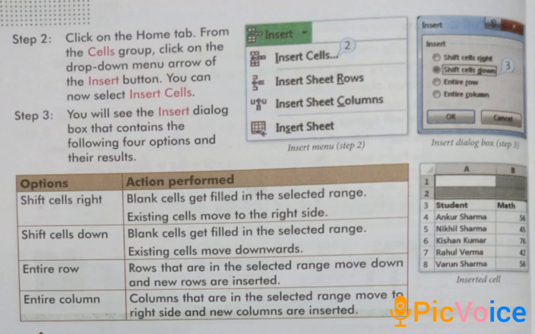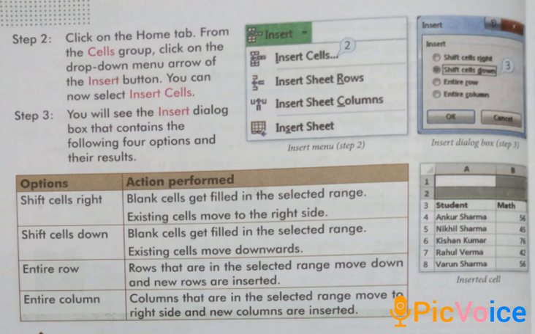Shift cells right: blank cells get filled in the selected range and existing cells move to the right side. Shift cells down: blank cells get filled in the selected range and existing cells move downwards.